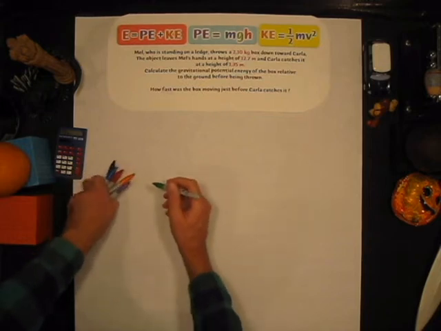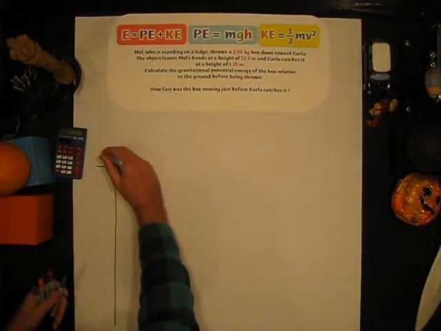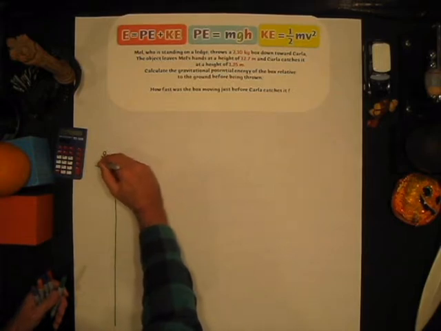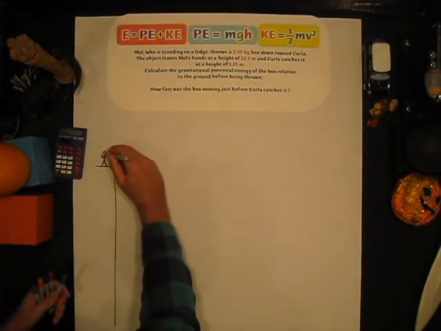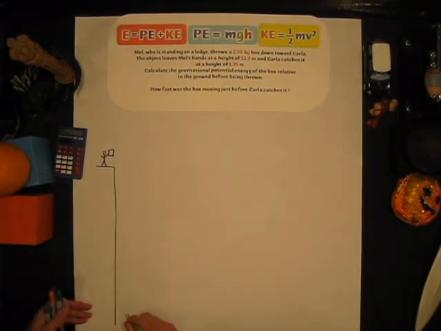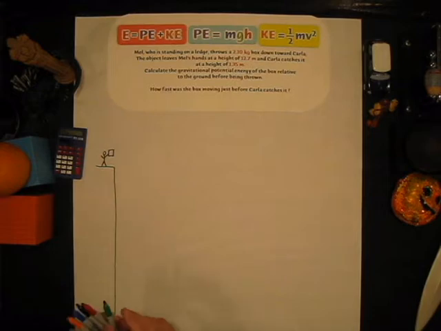Here's a picture of the ledge, and we've got Mel with a box, and directly below him, we've got Carla without a box. Hopefully she's good at catching stuff.